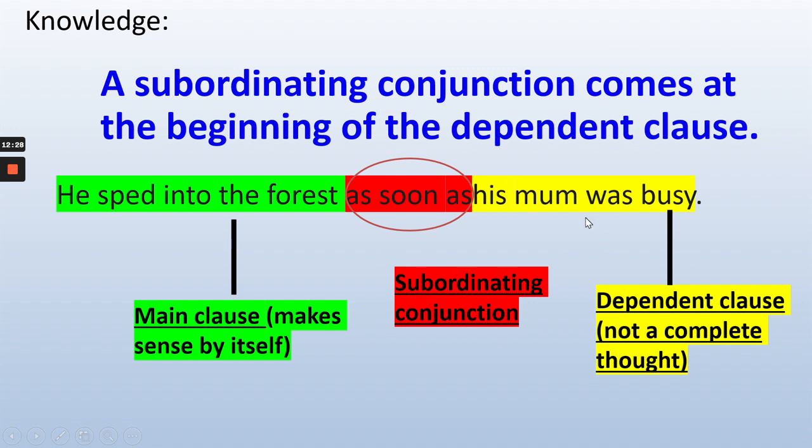There needs to be more information added to that. So that is all our dependent clause. And the subordinating conjunction comes at the beginning of the dependent clause. So as soon as is the subordinating conjunction.